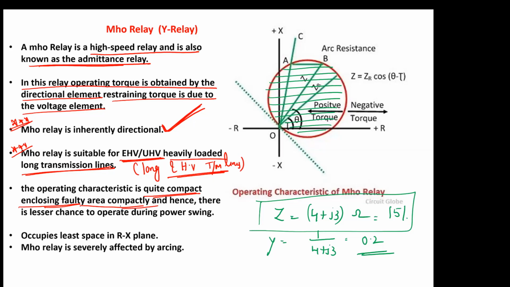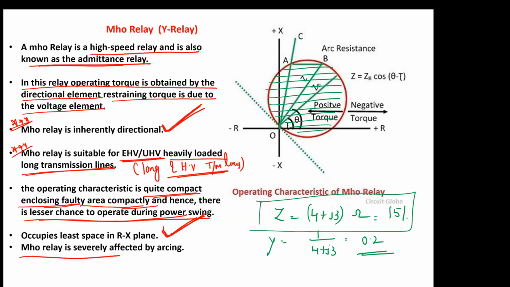Hence, when there are severe power swings, the chance of the power swing falling in the operating region of Mho relay is very less. So in a transmission line, if the power swings are severe because of faults or any other things, then the operation of Mho relay is not affected by power swings. So it is used in the transmission line which has more power swings, that is long and high voltage transmission line. Mho relay occupies least space in the RX plane that we have seen.